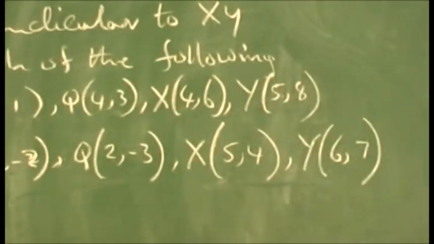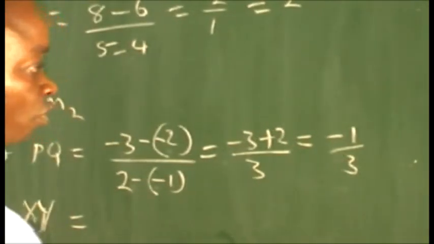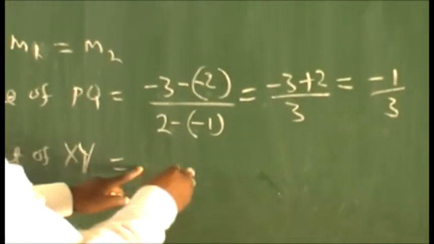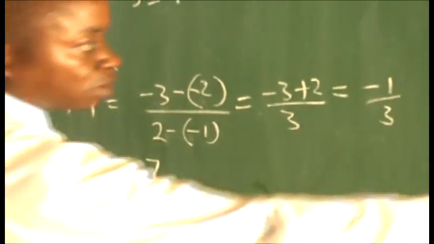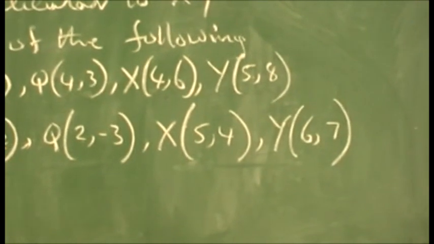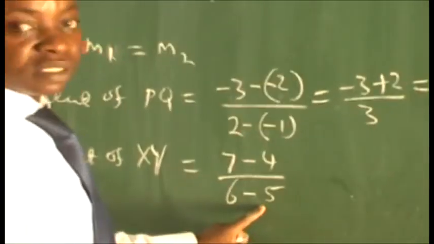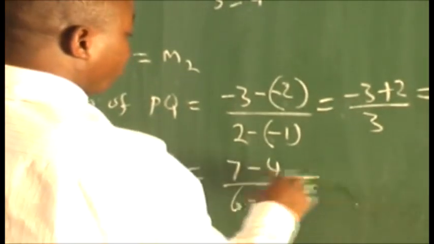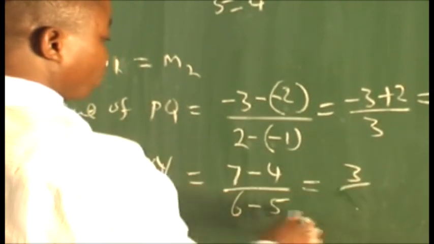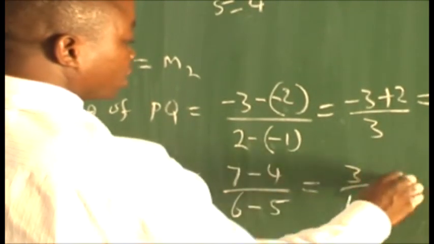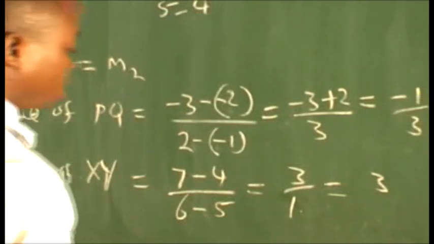So the gradient of points X and Y will be y2, which is 7, minus y1, which is 4, all over x2, which is 6, minus x1, which is 5. So I will have 3 all over 1, which is equal to 3.